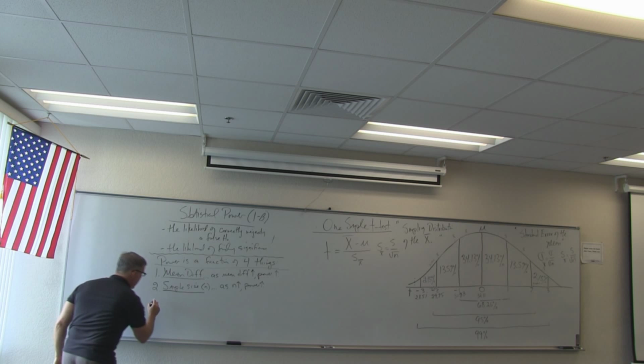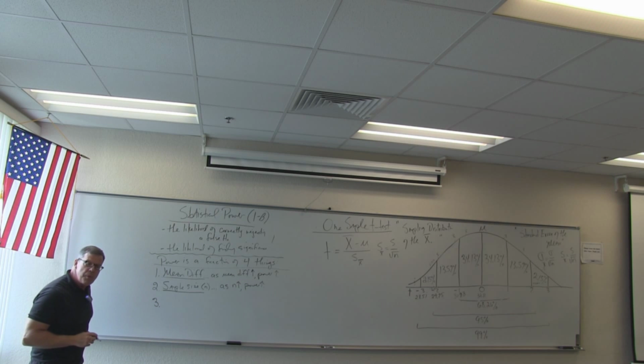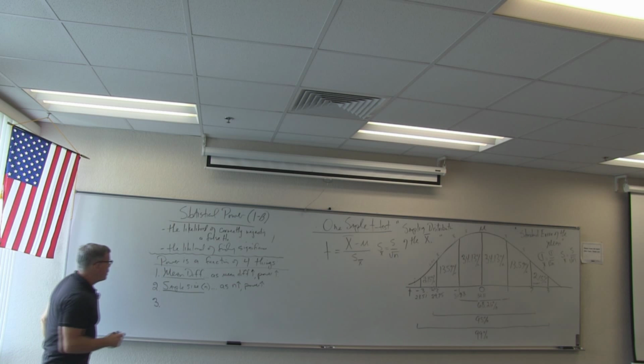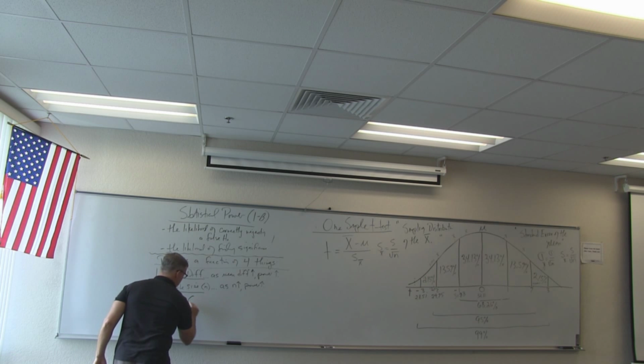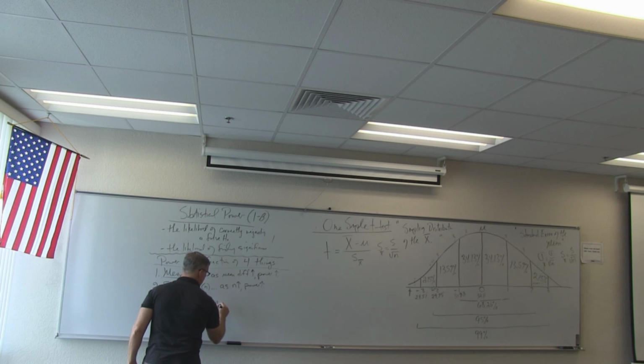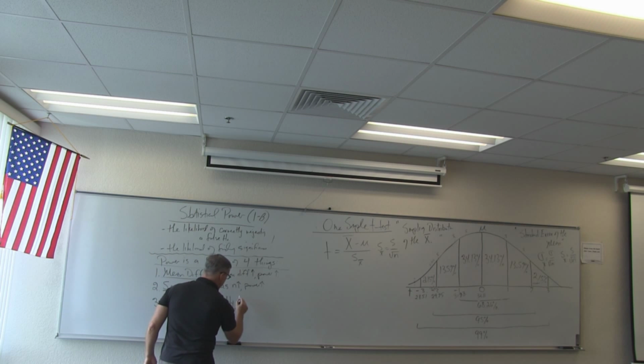Our third element of statistical power is actually a new term that we'll be using later in the course. It's called within-group variability, and we'll just abbreviate it WGV.